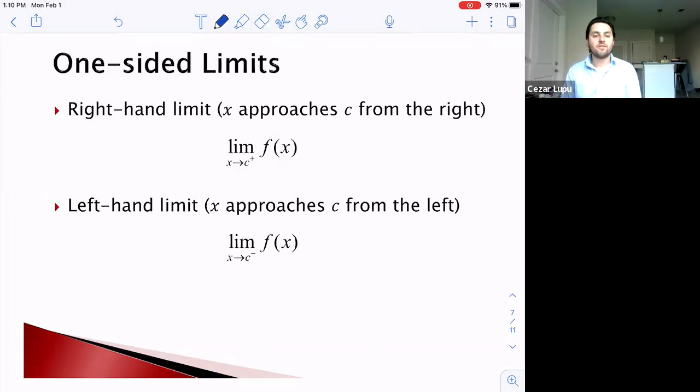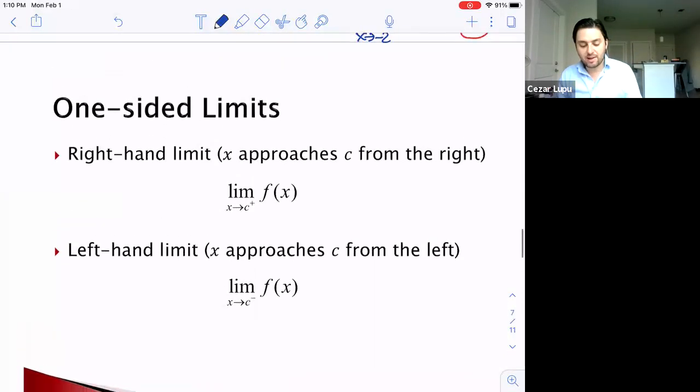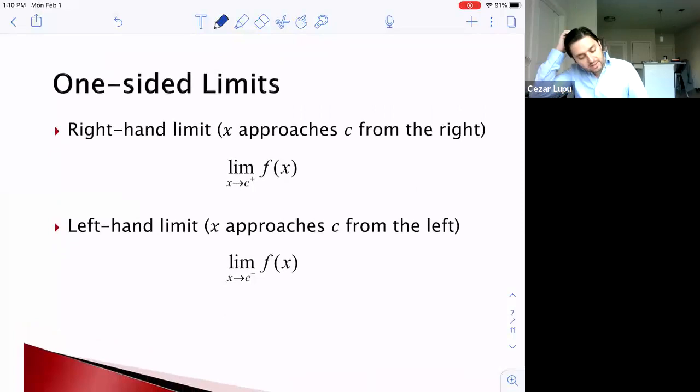So now let me define what these one-sided limits are. The right-hand limit is when x approaches C from the right. And the left-hand limit is when x approaches C from the left. And we're going to write them in this way. As you can see, it is the limit as x approaches C plus.